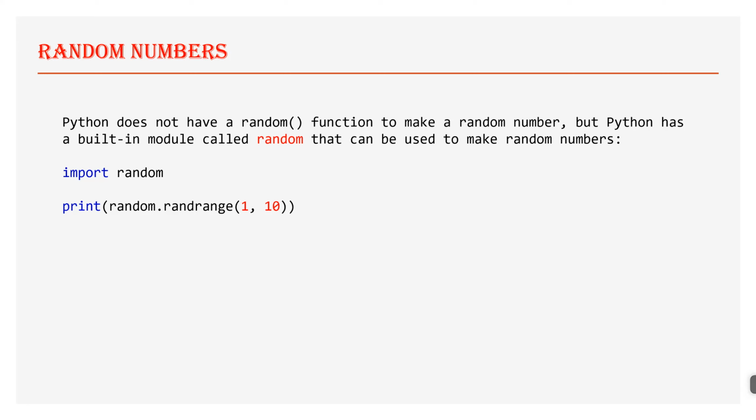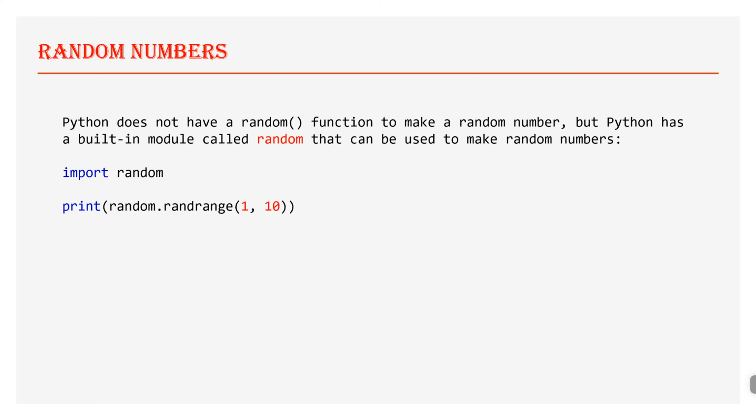So under such conditions, we use Python to generate random numbers. But actually, there is no function called random to generate random numbers. Python has a built-in module called random, which is used to make random numbers, for which we have to import that module random.